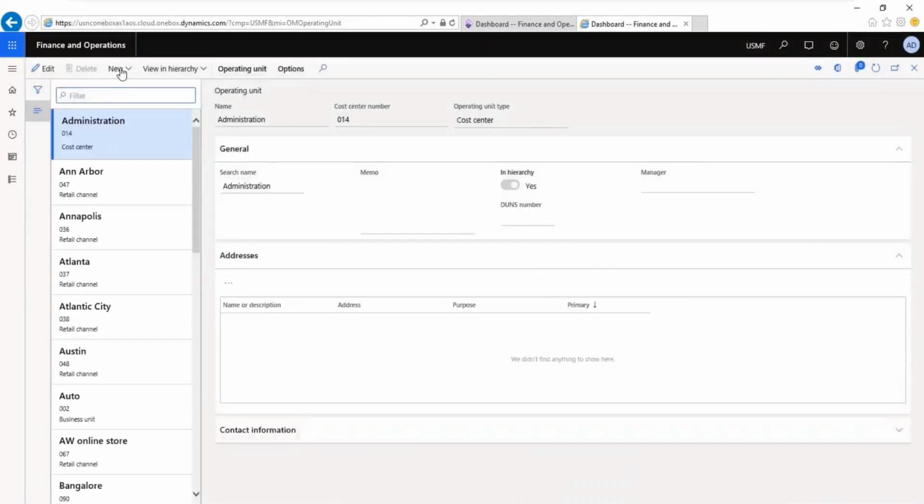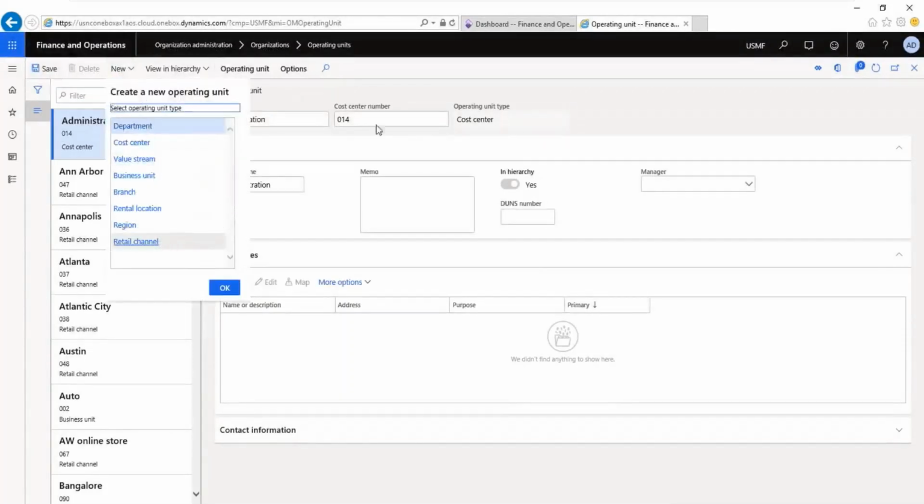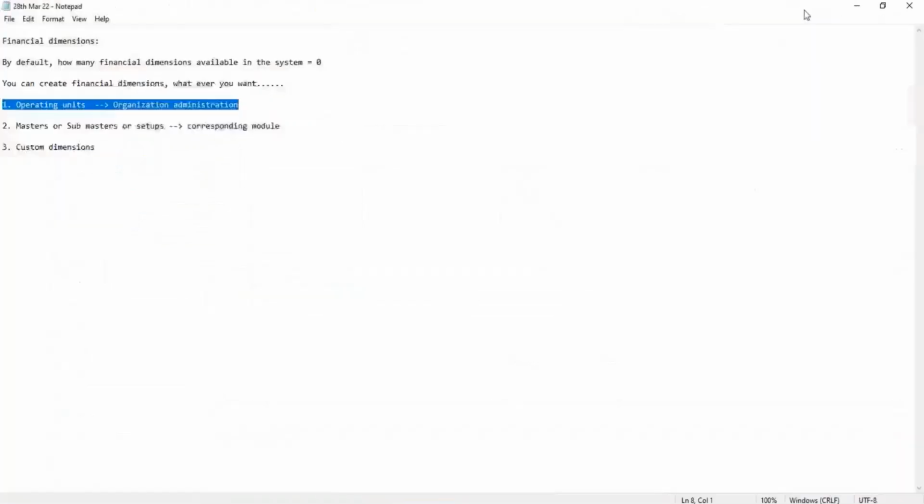Here you can click on new. You will find operating units. What are the operating units? Eight operating units are there.